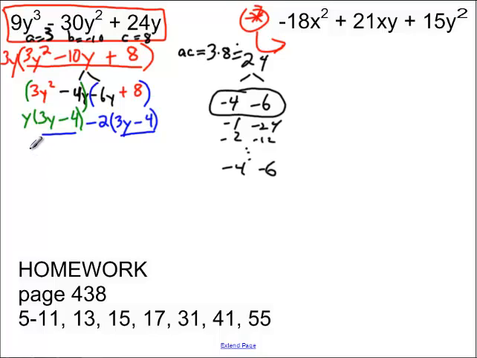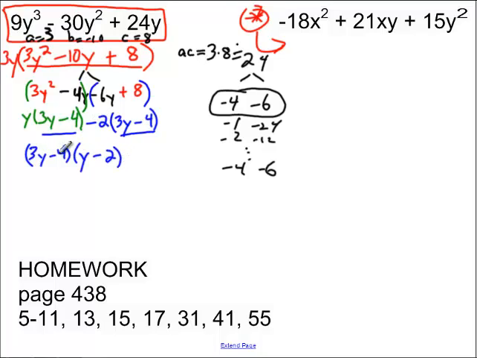What is the greatest common factor? 3y minus 4. Then we take a look at this green term, y times 3y minus 4, divided by 3y minus 4 as a greatest common factor leaves us just y in the green, and minus 2 times 3y minus 4 divided by 3y minus 4 leaves us just minus 2.